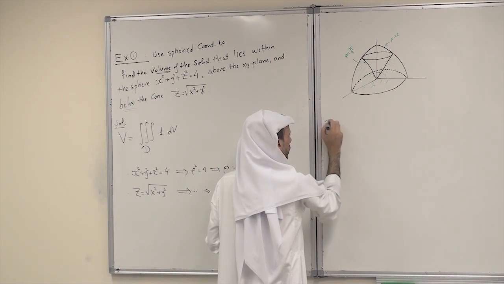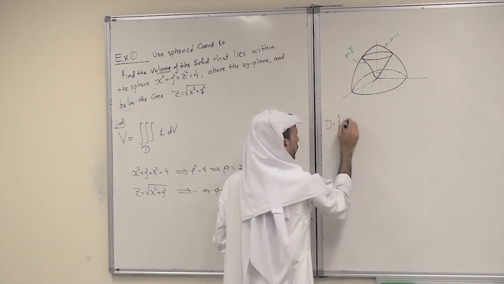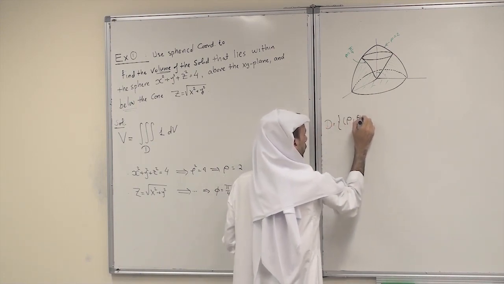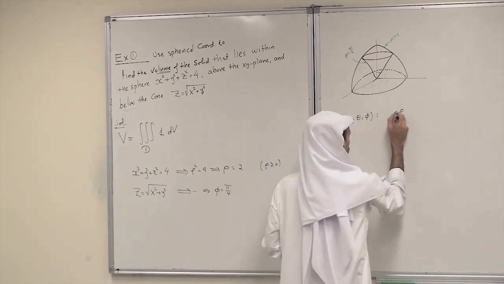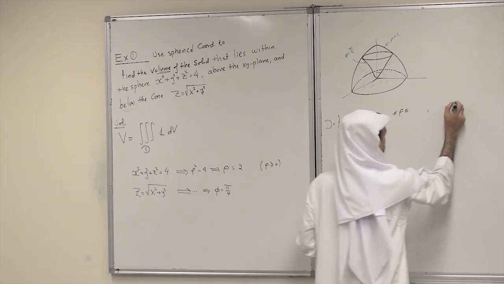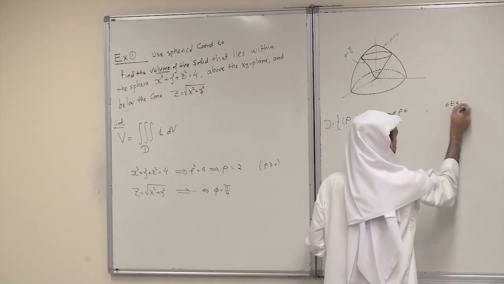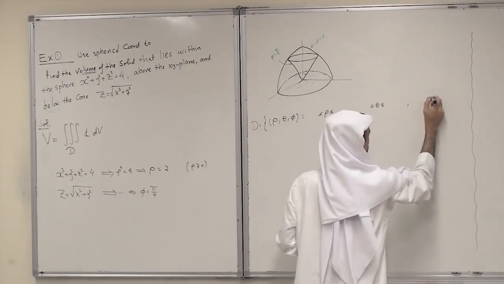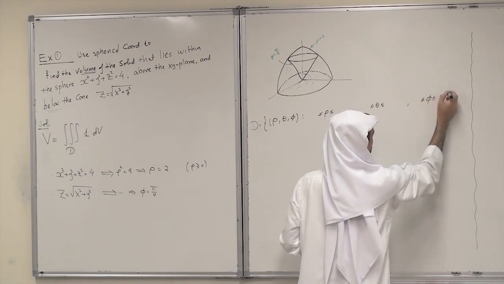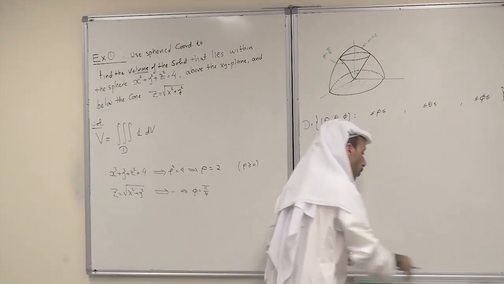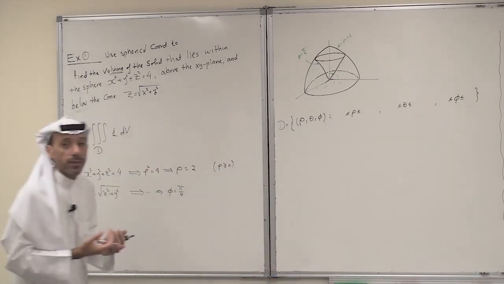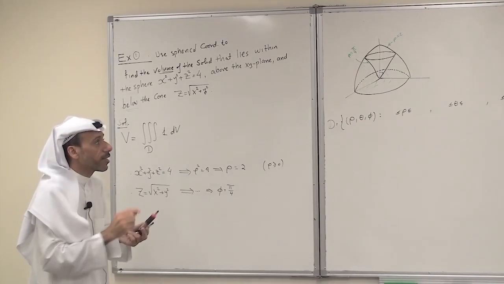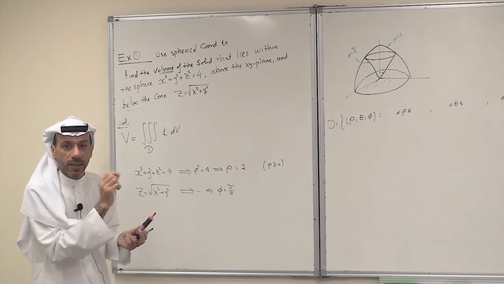So D, now in spherical coordinates, is the set of all rho, theta, and phi. What are the limits of rho? And what are the limits of theta and the limits of phi? We go one by one. For rho, as we said before, we start from the origin.